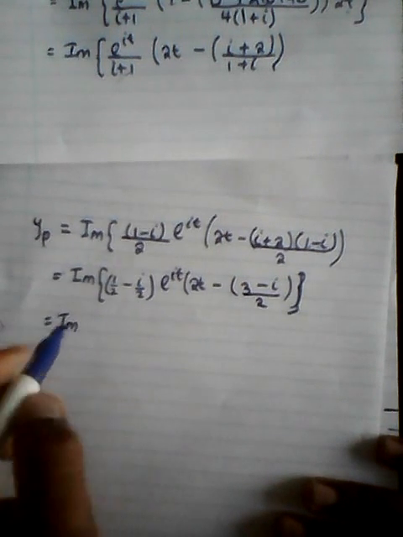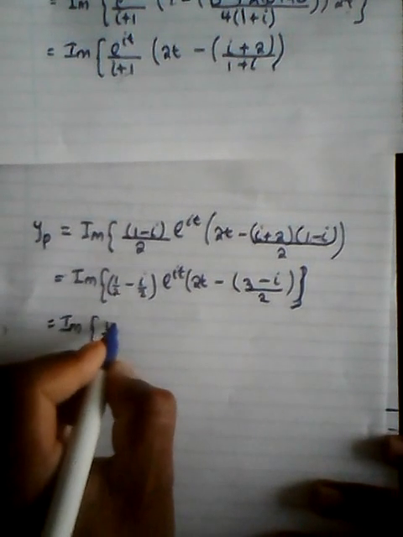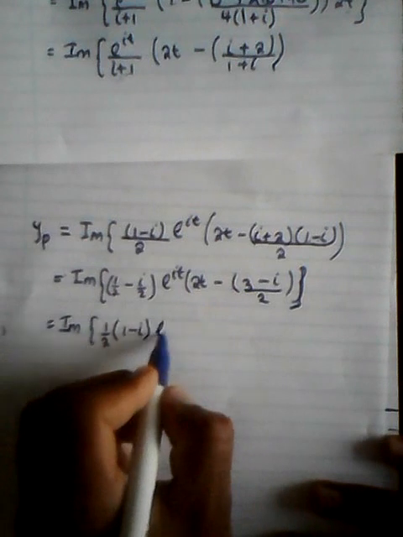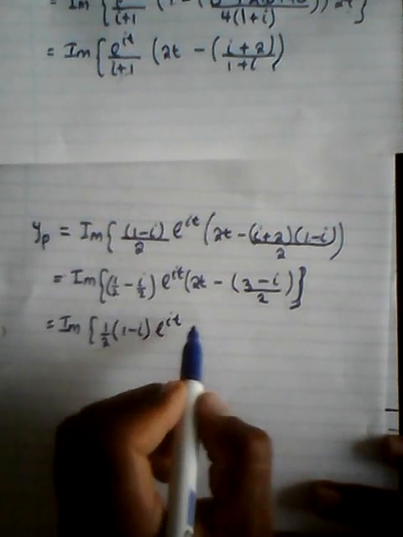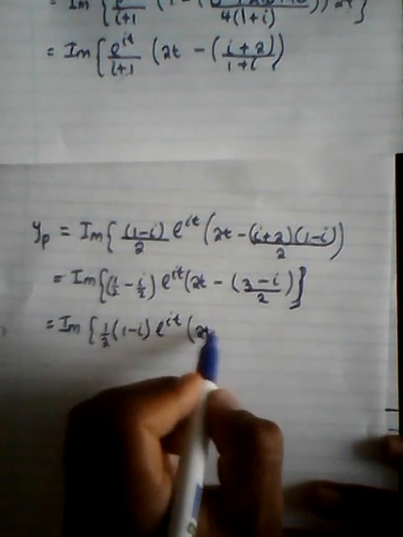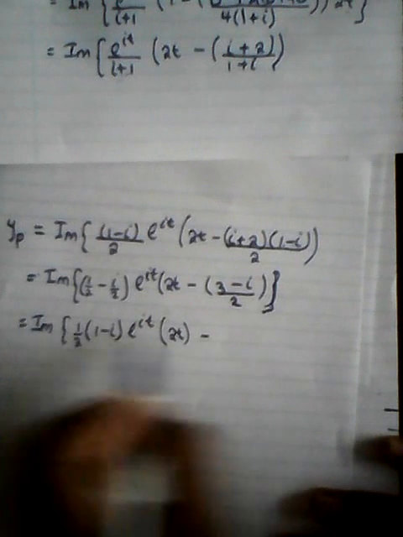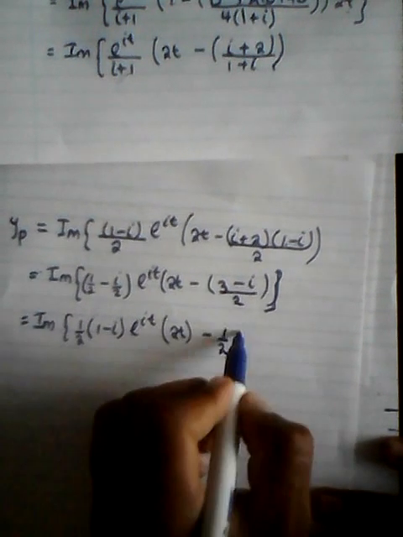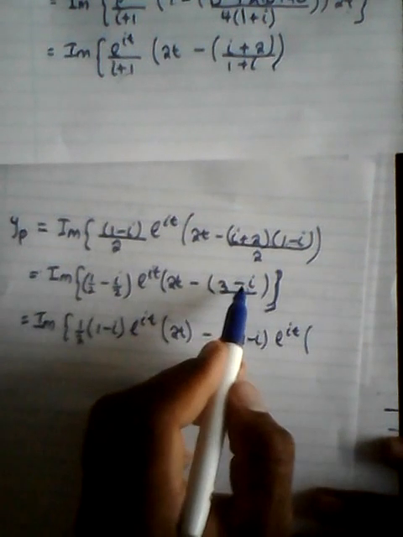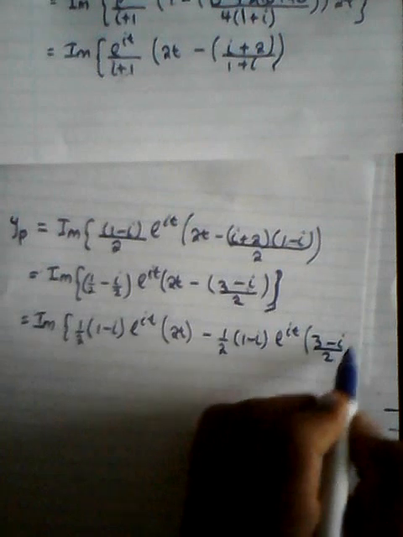So going forth, we're going to have the imaginary part of, let me factor out 1/2 here, and in here I'm going to get 1 minus i, and then everything is multiplied by e to the power of it, and then that is multiplied by 2t, and then we subtract 1/2 times 1 minus i multiplied by e to the power of it, and this is multiplied by this thing here, which is 3 minus i, all divided by 2.